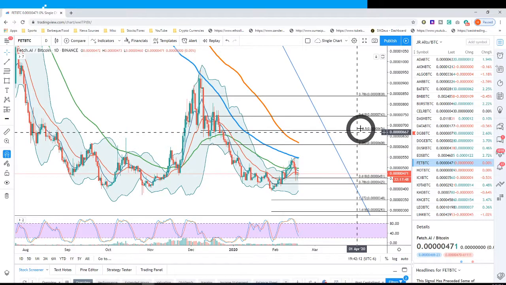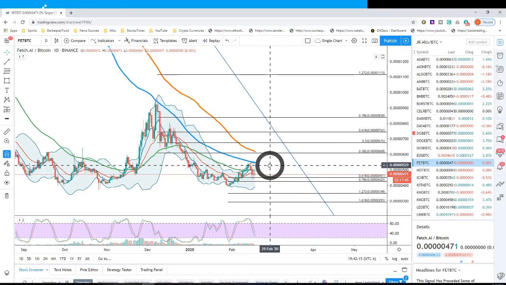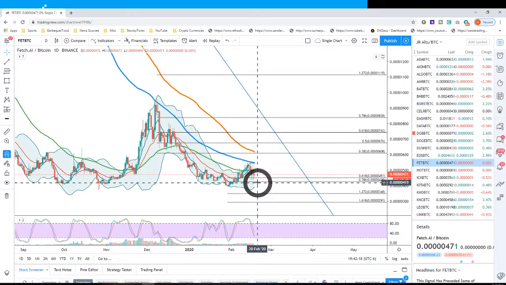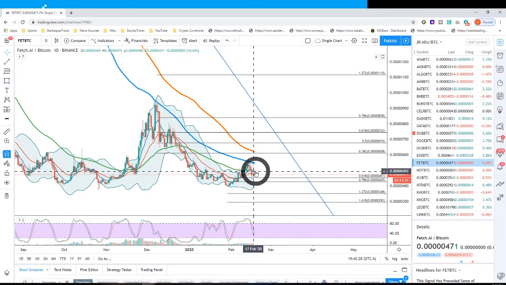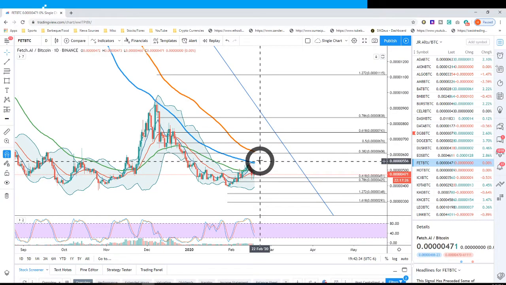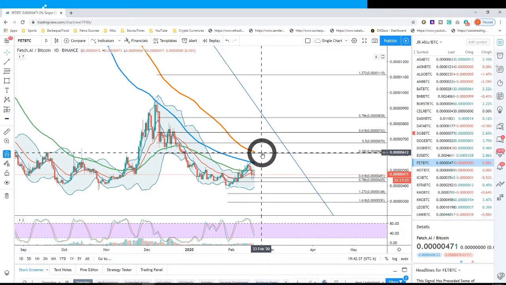In my opinion, I could actually see this, if it holds 422, or even these lows right here where it bounced off, hold that, maybe go sideways just a little bit, and if you can pop above here and get past that 200-day moving average, then we're going up to visit that fib retracement at the 38.2, which coincidentally is right there where the 233 is. Not saying that that's going to hit it, but it's just kind of ironic how that works out.